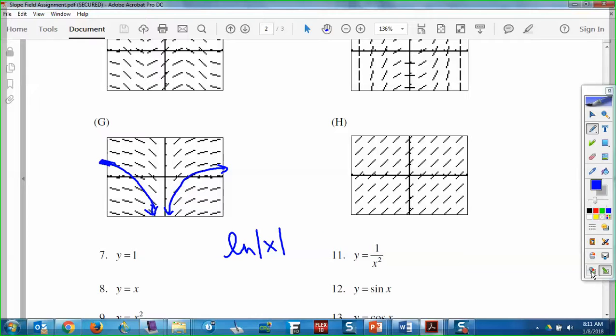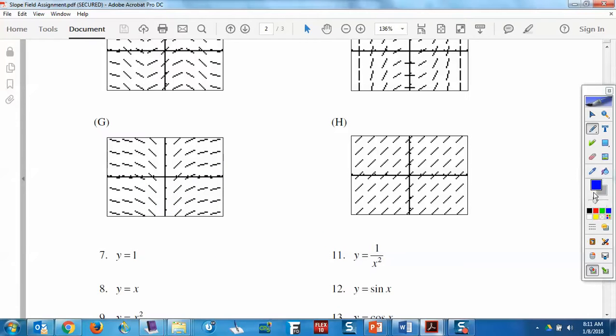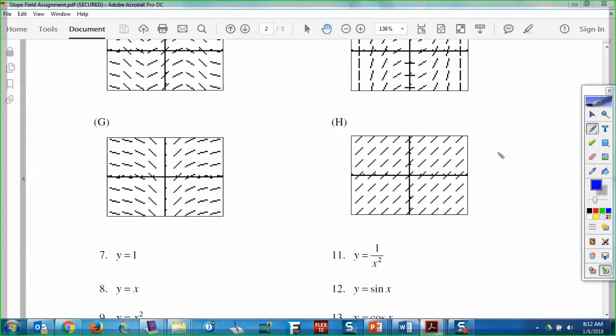Okay. All right. What is the derivative? Well, let's just talk about why that is real quick. What is the derivative if y is equal to ln x? This is how we've usually seen it. What's y prime? 1 over x, right?